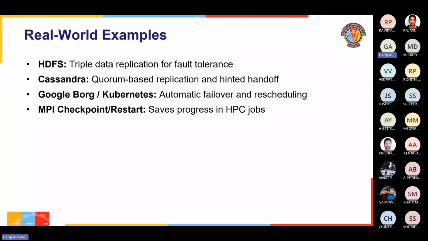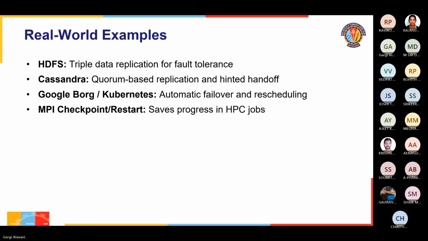Kubernetes automatically reschedules failed containers to healthy nodes, and in many HPC systems, MPI jobs also use checkpoint and restart to avoid losing whatever computations had happened so far.